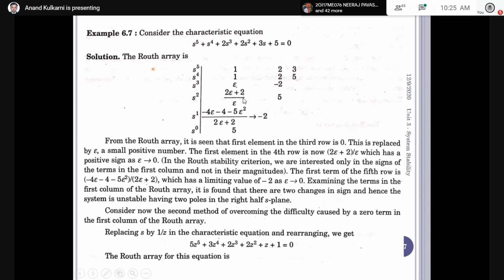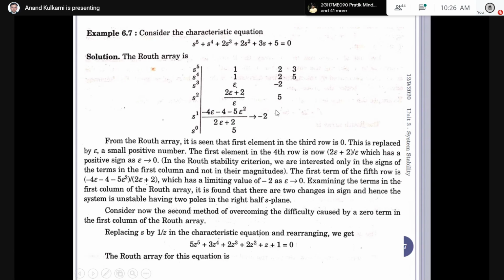So the sign is plus here. But here, if you put epsilon equal to 0, this is 0, this is minus 4, this is 0, this is 0, this is 2. So minus 4 divided by 2 is minus 2, correct? And this is already 5. So now this is positive, this is positive, this is also positive because it is positive infinity, but this is negative and this is positive.